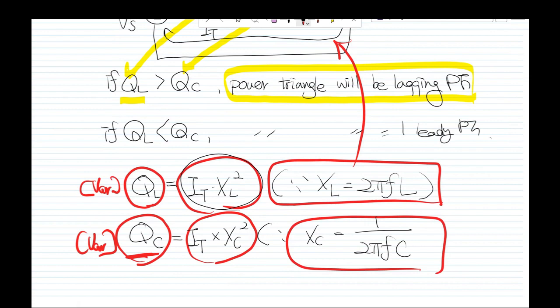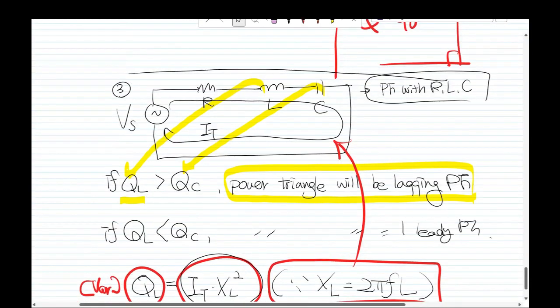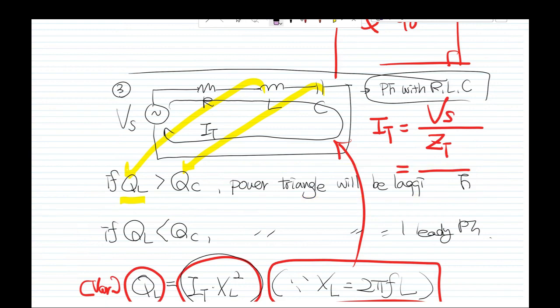So to find I sub T, just write this one. I sub T is V sub S divided by Z sub T. So Z sub T is R plus j X sub L minus j X sub C. Okay, from here.